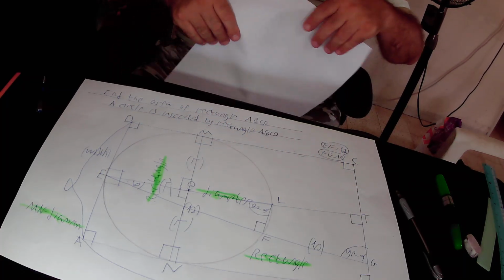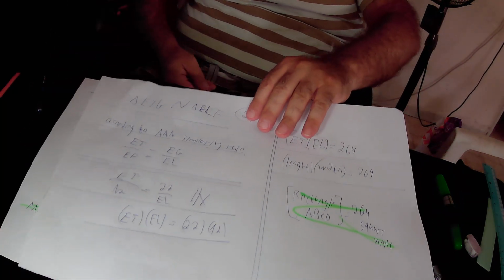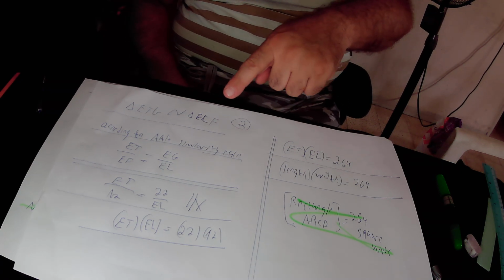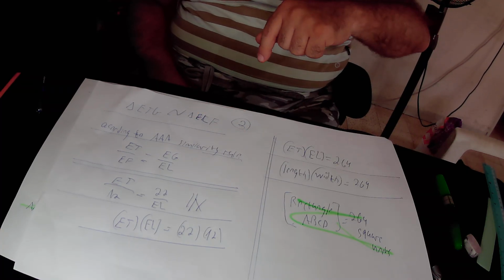So I'll repeat again. From the fact that those two right triangles are similar to each other, we know that side ET of the big right triangle ETG over side EF of the small right triangle ELF is equal to side EG of the big right triangle ETG over side EL of the small right triangle ELF.